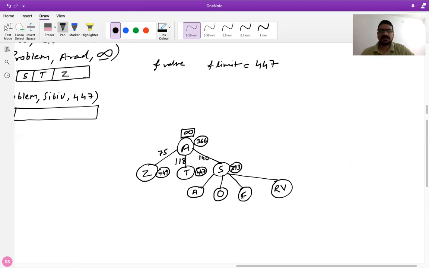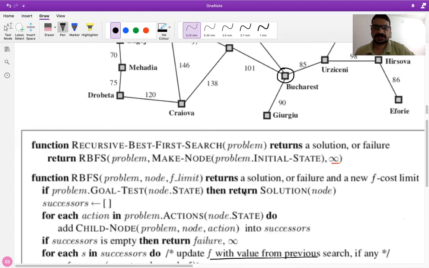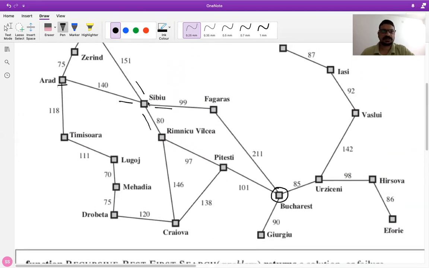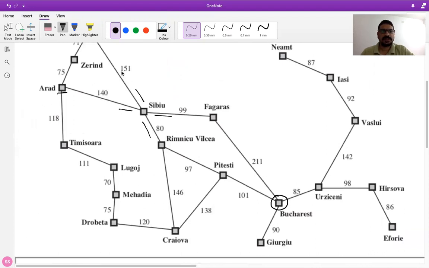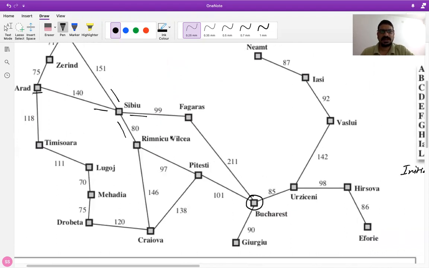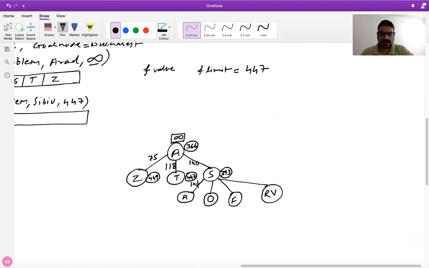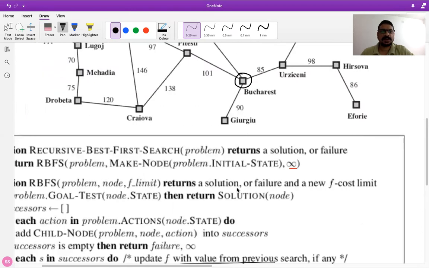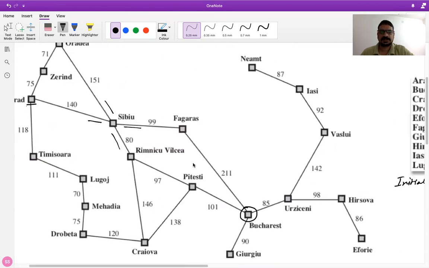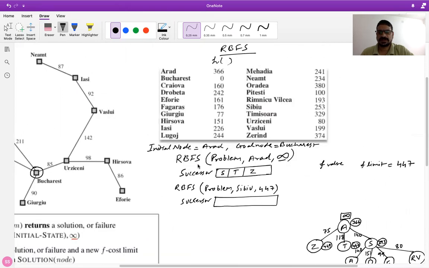I'll write the path cost for each one. The path costs are 140, 151, 99, and 80. Am I correct? Yes.